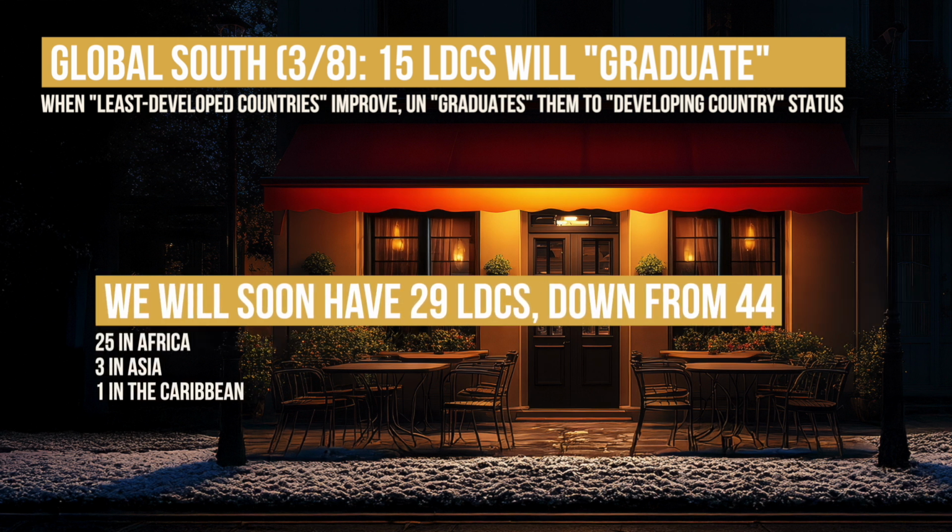And 25 of them will be from Africa. 25 out of 29, give or take. Only 3 from Asia, and only 1 from the Caribbean. Yes, Haiti will remain on the list, probably for quite some time, given its current situation. But the point is, 25 out of the 29 LDCs, give or take, will be in Africa.